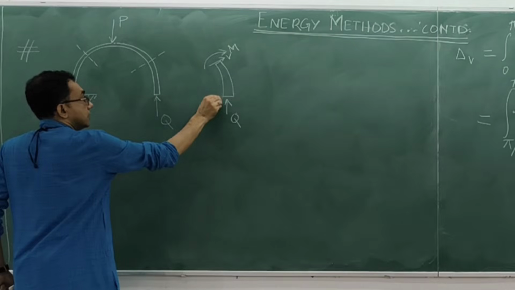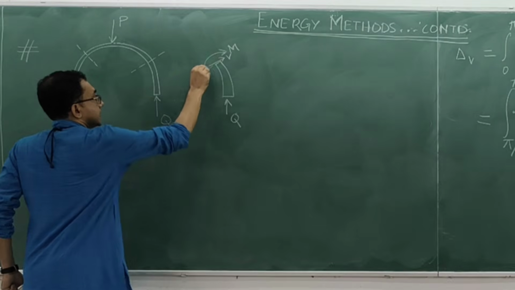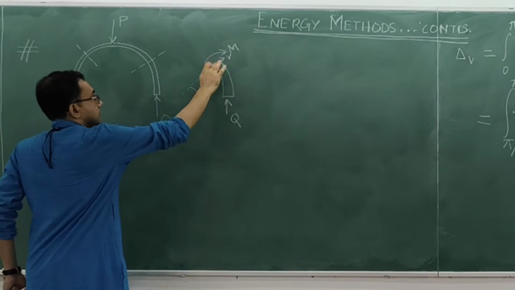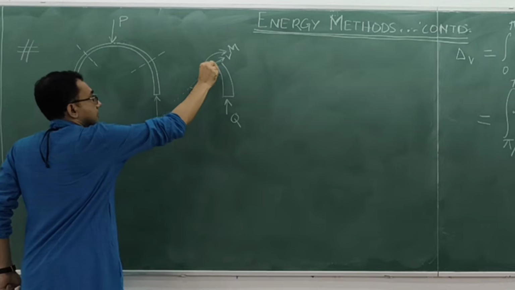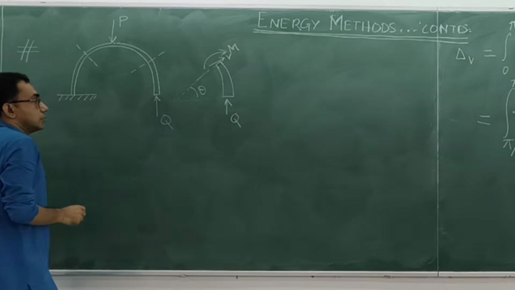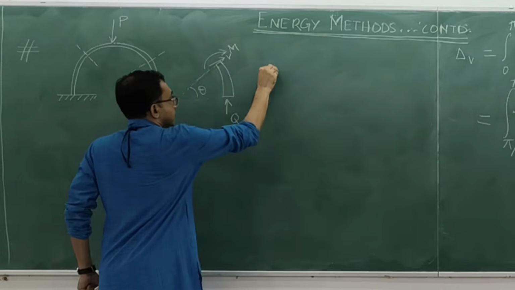Okay. Here, this is our theta. This is directly our theta. Okay. So very bad drawing, but okay. Now you tell me what is this M?